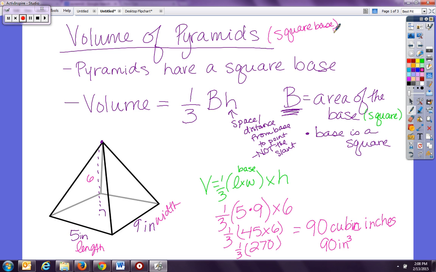This is on page 714, and 715 shows you how to work backwards to find height or find a missing side or missing value.